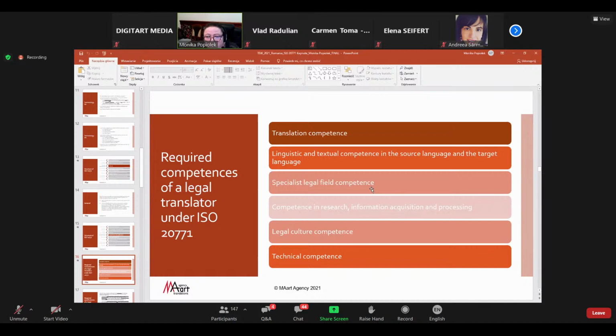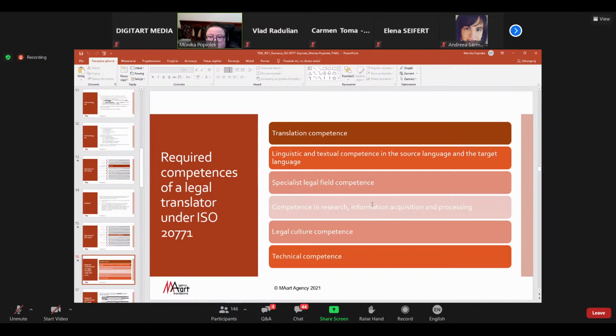You have to understand the common law system, which is, for example, the UK and the old colonies. A lot of the American legal concepts and rules relate to the old common law background. So you have to be able to move between those legal systems. And this is what the specialist legal field competence is all about.